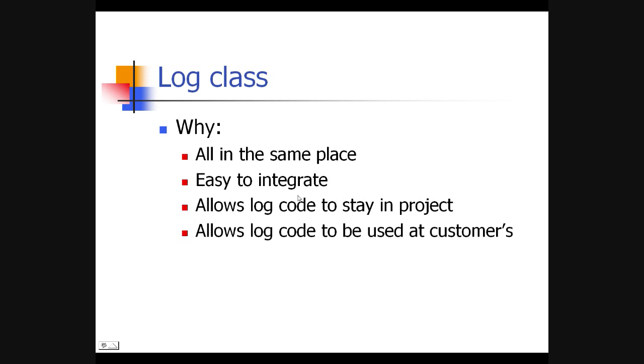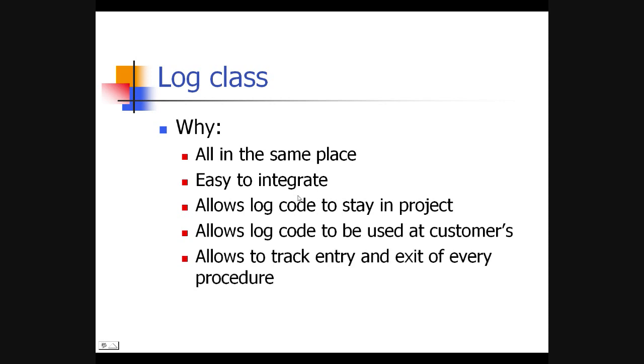And of course, this class also allows the code to be used at the customer's place. The whole class is written that way. And again, there's a trick used in that class in order to allow you to track entry and exit of every procedure very easily.